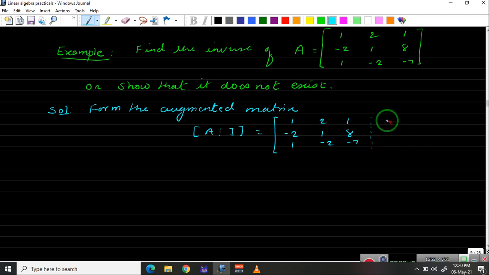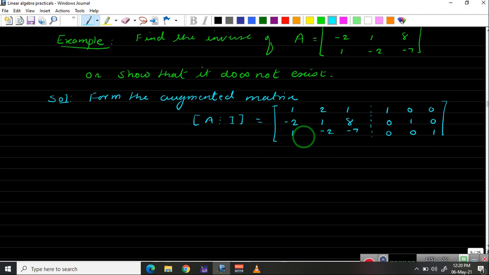And this side you will have 1 0 0, 0 1 0 and 0 0 1. This is our augmented matrix. We'll apply row operations on this matrix, and let us try to convert this matrix into the identity matrix.